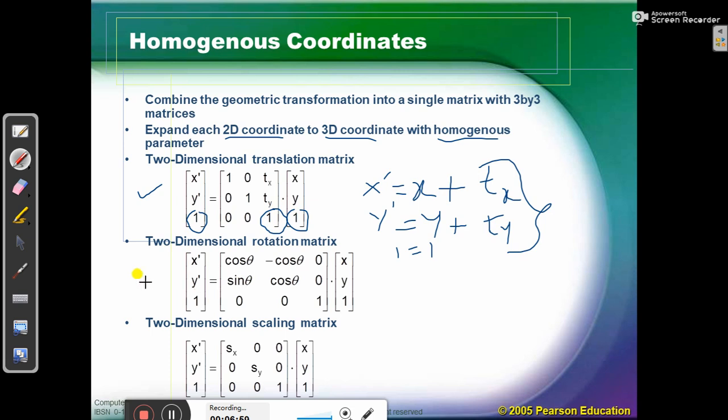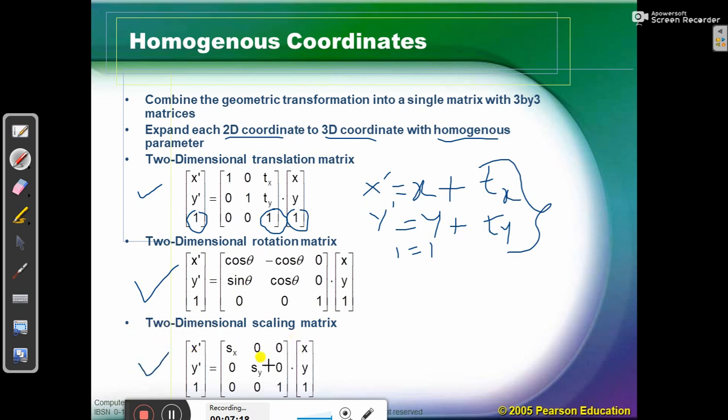Same here, this is the rotation matrix. If you multiply in the same way, you will find the previous equation of rotation for any point with respect to the origin. Again, this one is about scaling.